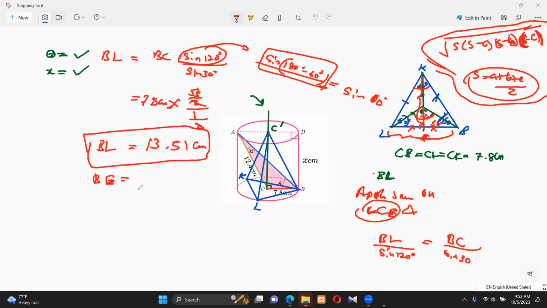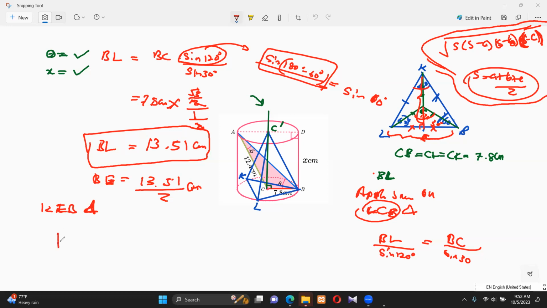So BE equals half of BL, which is 13.51 over 2 centimeters. That is known, and we want to find KE, considering the KEB triangle, which is a right triangle.